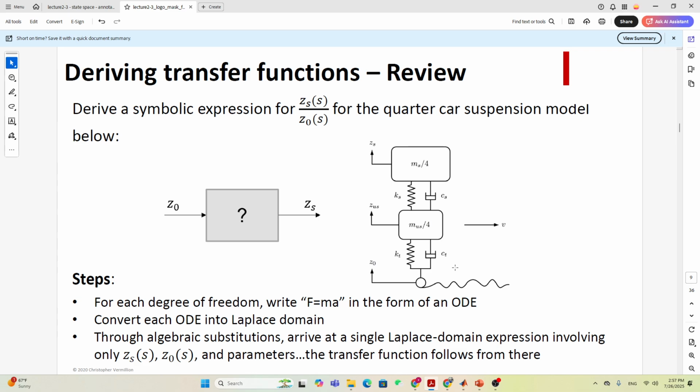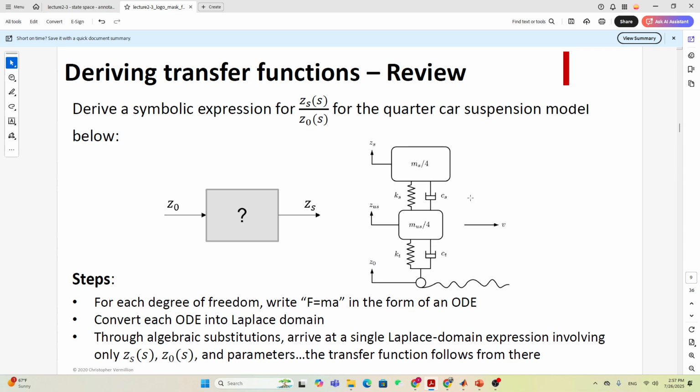But of course, this mass not only has the tire itself, it also has the tire rim, the chassis, and any other components associated with it. So Z0 here is the road input going directly to the tire.